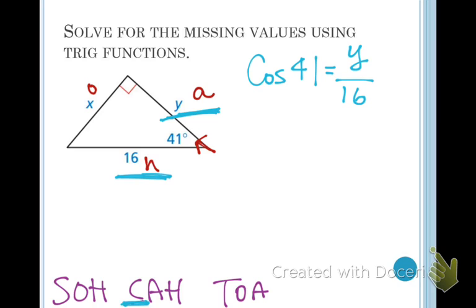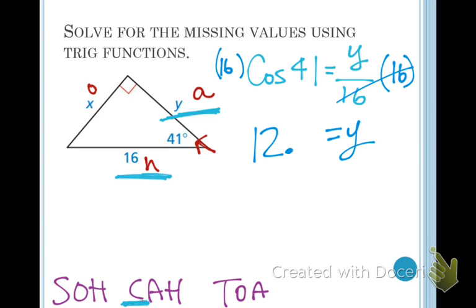Do I need to flip it? No. Plug it in as it is. You should get a number smaller than 16. Round to the tenth place. I'm pretty sure it's 12.2. Or is it 12.1? 12.1.